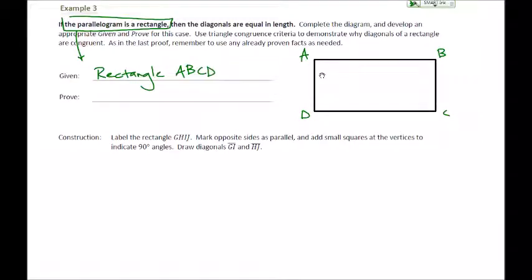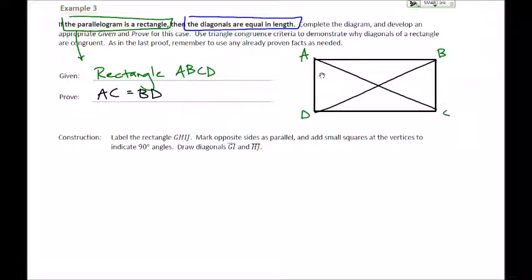And one more thing to point out is that because a rectangle is a parallelogram, I can still use all the properties of parallelograms that I've proved in the last 2 examples. Now, the then part gives me the prove statement that the diagonals are equal in length. Now I'm going to draw in the diagonals so I can talk about them.